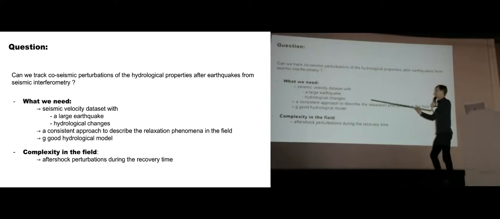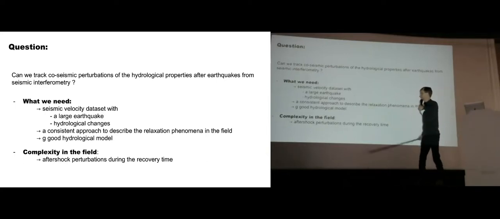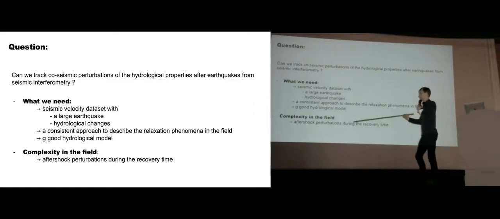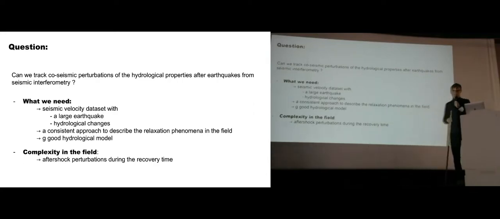So what we need is a velocity data set that includes co-seismic damage and hydrological observations. And of course we need a consistent approach to describe both independently and then see whether there are some interrelations. The complexity, of course, that we have is aftershocks. We would like to have the effect of the main shock, but the aftershocks are not really the interesting effect, but they have to be described too.